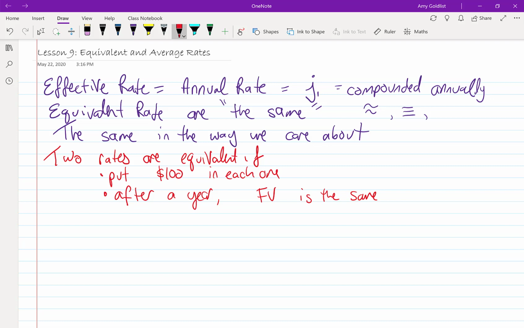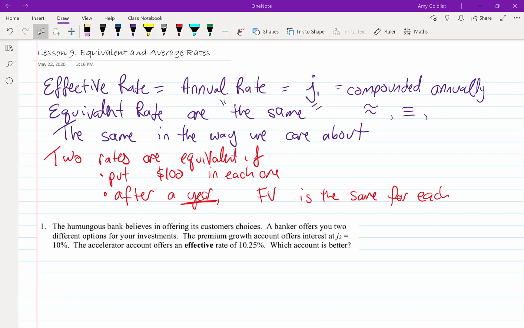That means they're equivalent, because as far as we are concerned, we don't care how often the bank is doing accounting, we care that we get the same amount of money. And we usually measure after a year because that means that whether it's monthly, biweekly, daily, we're going to get the same result.